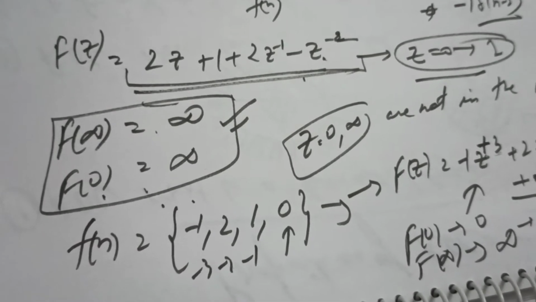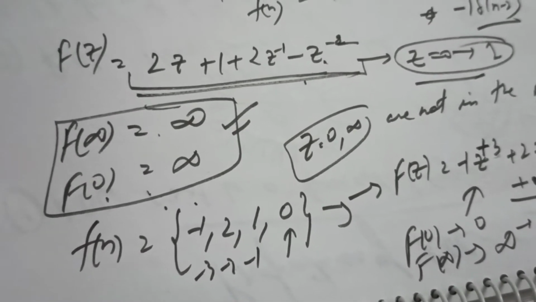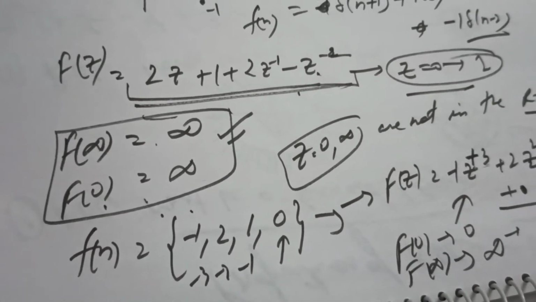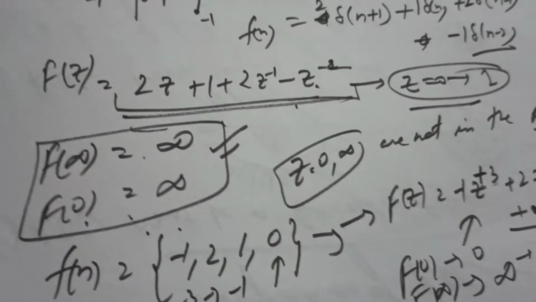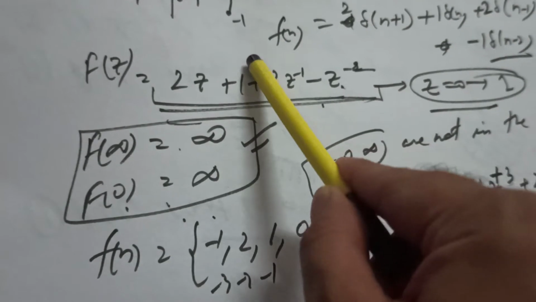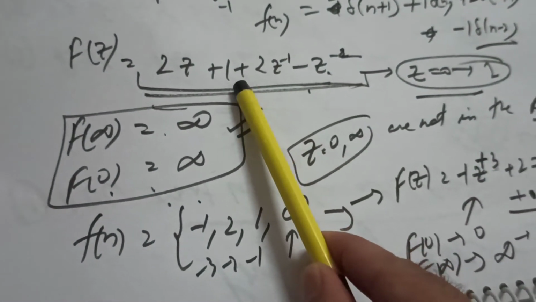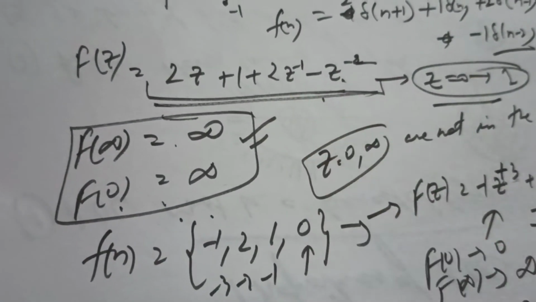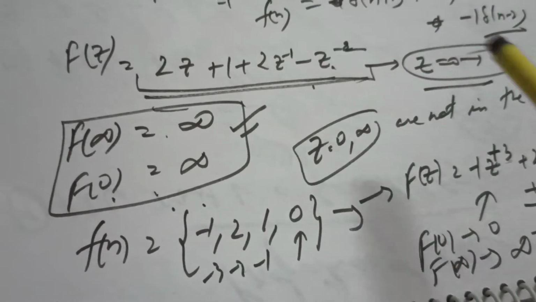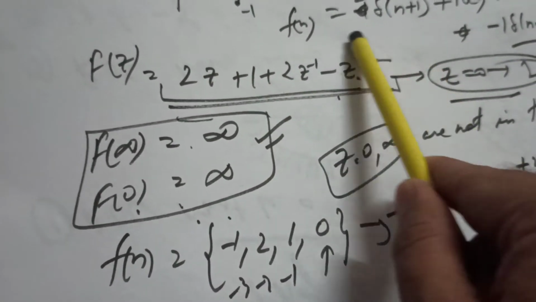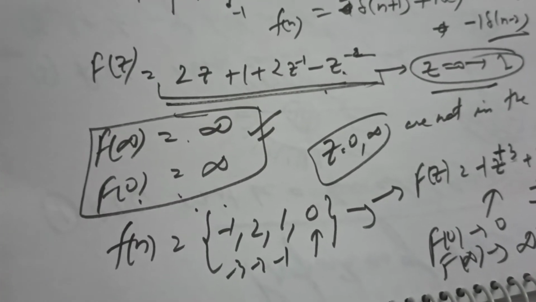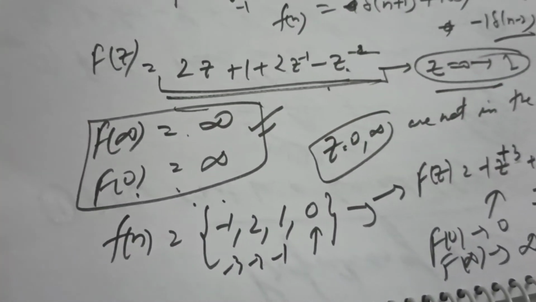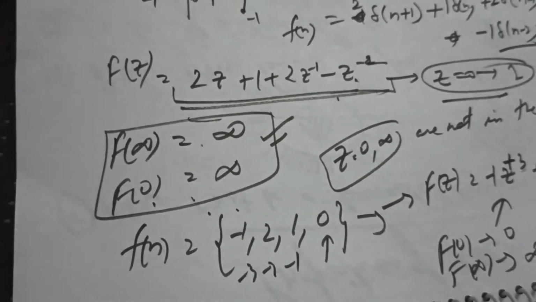If we put z equals 0 in f of z, then this term will be 0, this is 1, this is infinity, and this is also infinity. So this whole term will go to infinity when z equals 0 is kept in the expression of f of z.